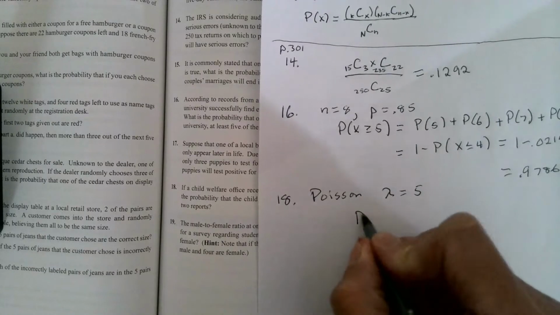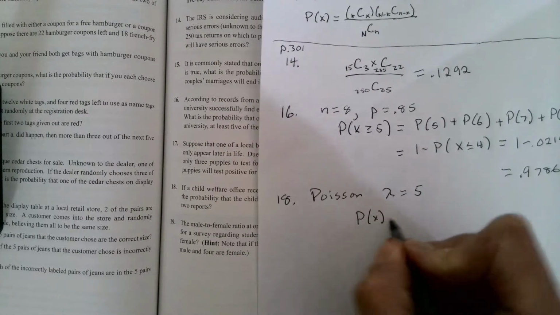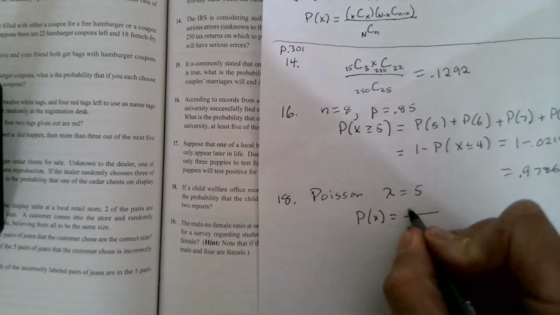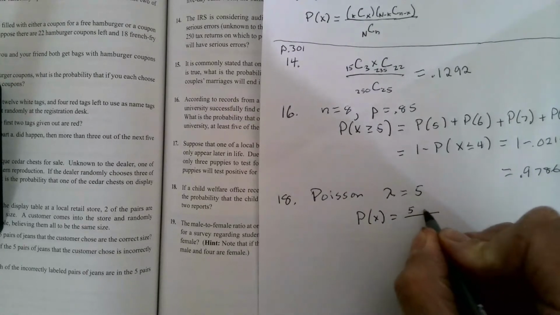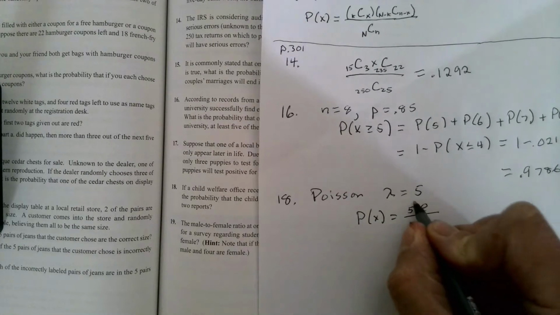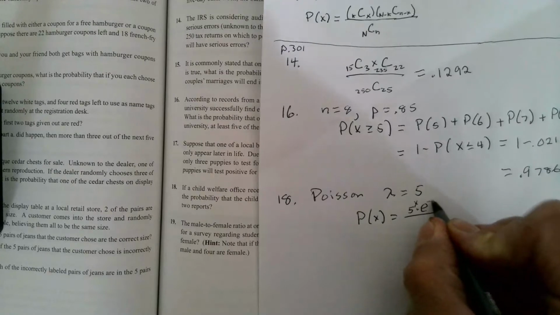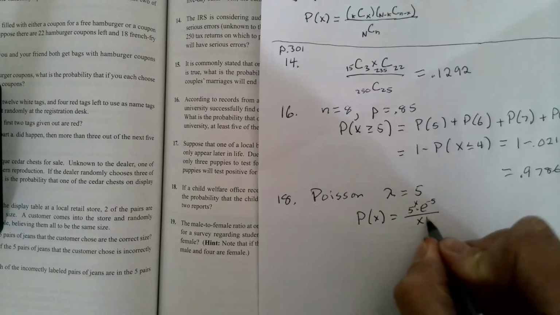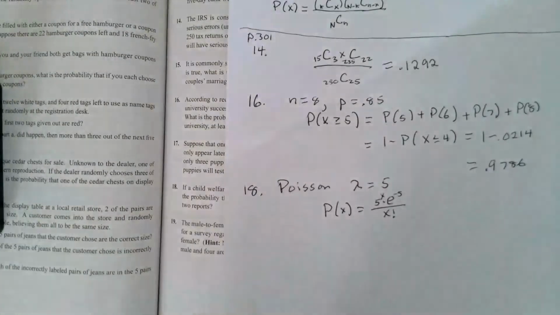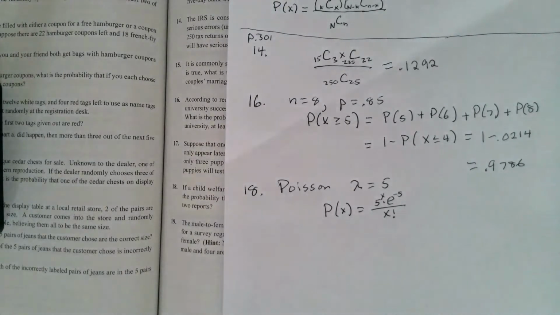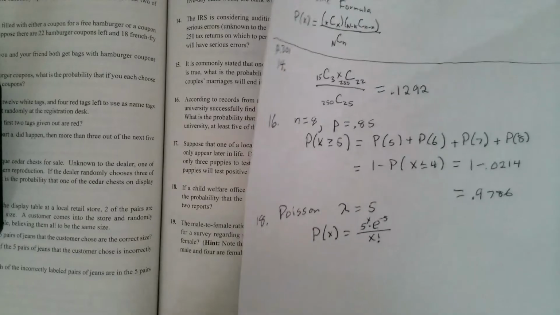So the formula, this would be the probability formula. We want to find the probability of 2 or less.